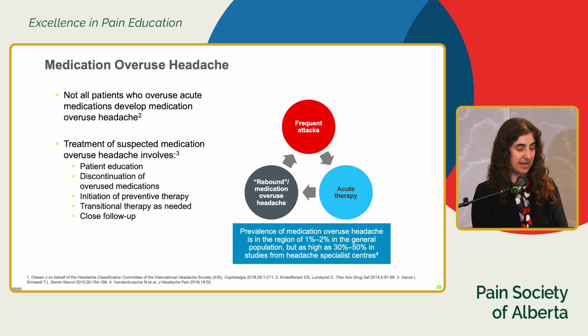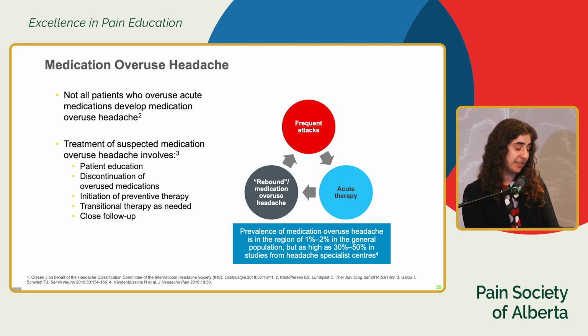Discontinuation of the overused medication, but at the same time giving them something else that they can use when they get severe headache attacks. So giving them an alternative abortive medication. So here's something like a GPANT, or for example, something they haven't tried before would be a good option. But initiating preventive therapy at the same time as well. So whatever might be appropriate for them in terms of prevention.